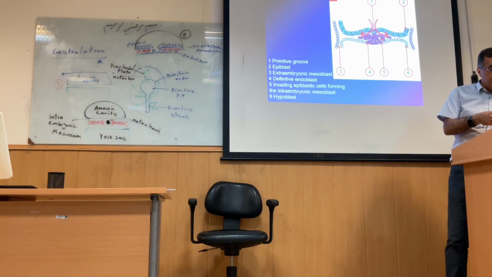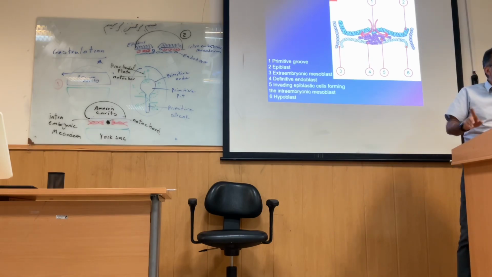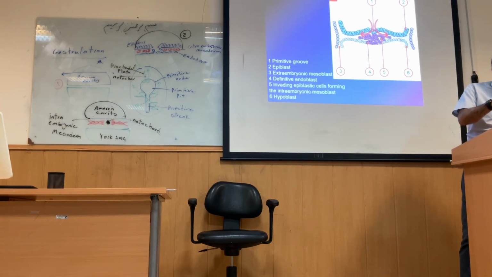If you remove the notochord, what happens? The nervous system never develops. Spinal cord, you know. Some scientists did this in chicks: if you take a notochord from another chick and put it in one embryo, so the embryo has two notochords, what happens?